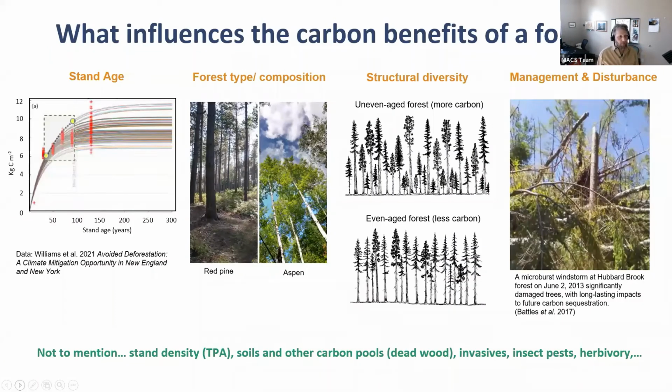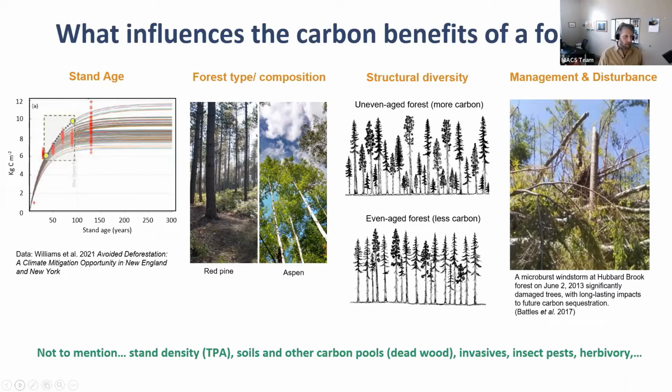There are a lot of reasons as to why those differences exist, and this is really just skimming the surface on that. But we've already recognized that stand age has a big influence on the total amount of carbon stored in pools, and sequestration rates.